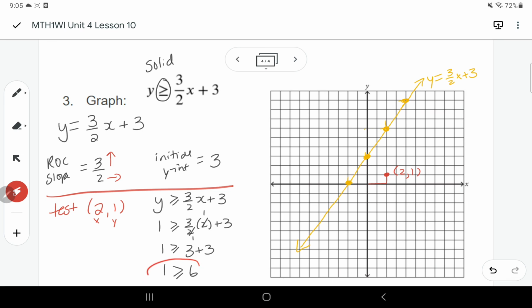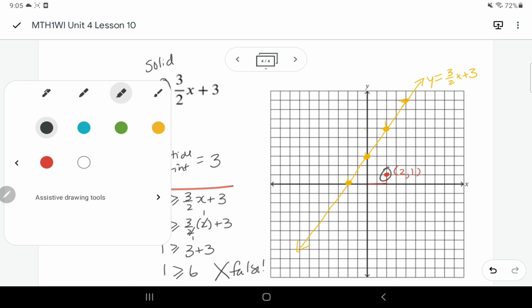So is this true? Is 1 greater than or equal to 6? That is not true. So where that test point is, I don't want to shade this area in because that was not true. I want to shade the opposite area up here.